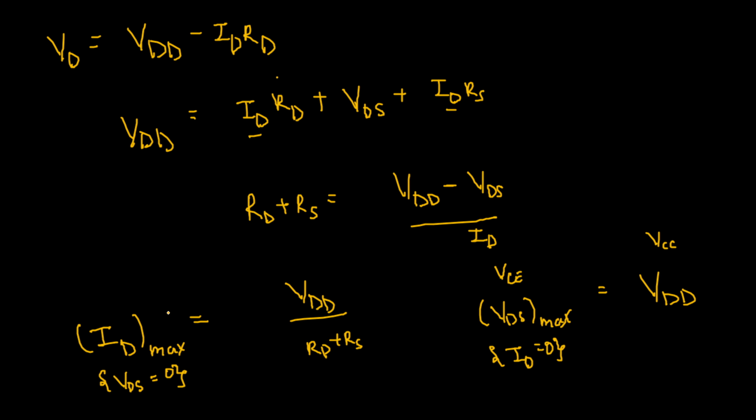Okay, so this is done. Yeah, so let's take the first question. I'm given that K, that is the conduction parameter, is 50 milliampere per volt square. The threshold voltage is 2 volt. VDD is given as 15 volt.